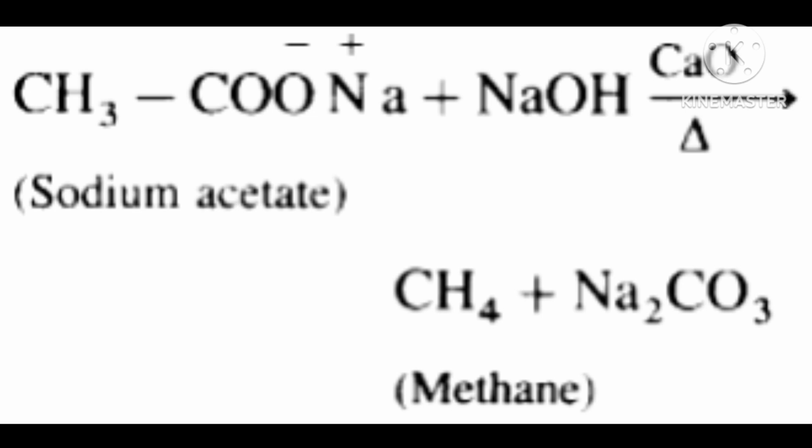Alkali metal salts of carboxylic acids also undergo decarboxylation on electrolysis of their aqueous solution and form hydrocarbons having twice the number of carbon atoms present in the alkyl group of the acid. This reaction is known as Kolbe reaction.